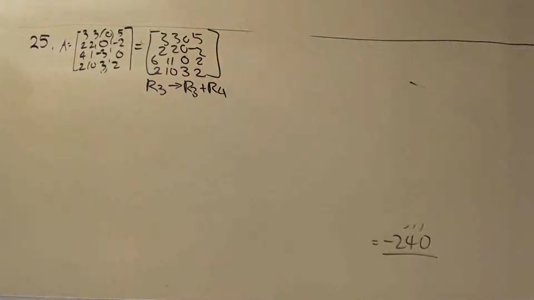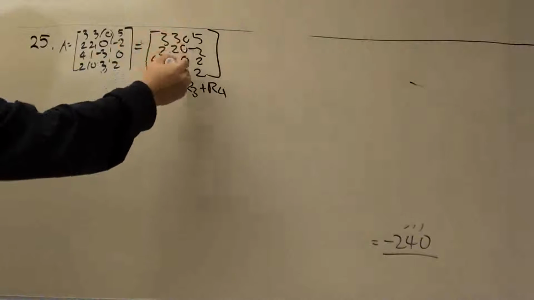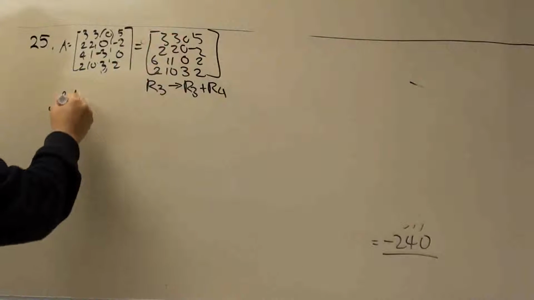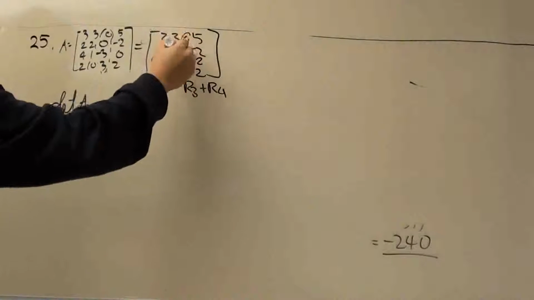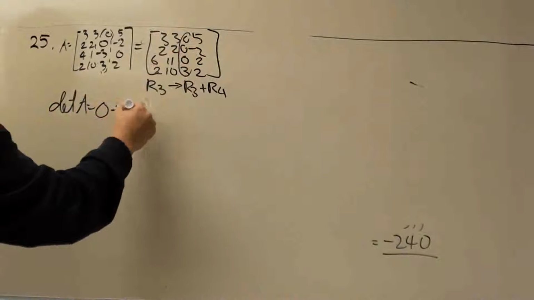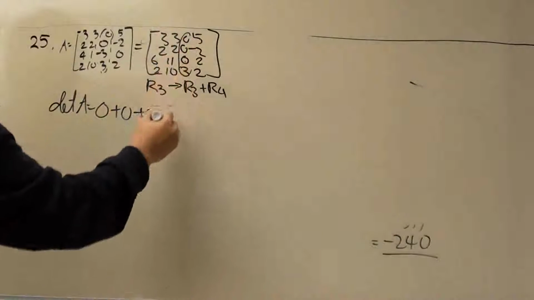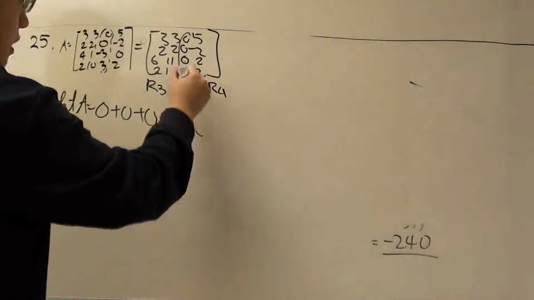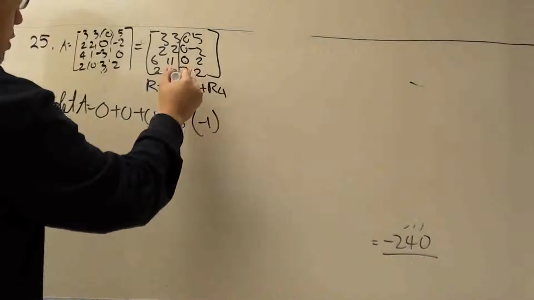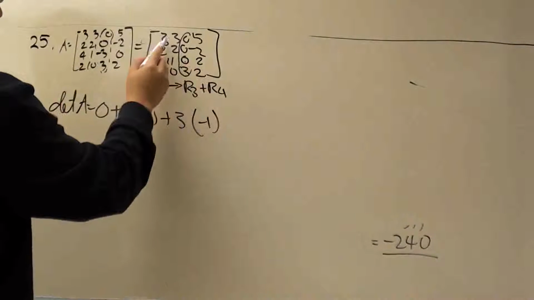Now that I have that established, we're just going to keep going. So I could say determinant A is, I'm going to choose this column. Everything's going to be 0, so it's going to be 0 plus 0 plus 0, except the last one, which is going to be 3, and then it's going to be negative 1 to the power of the size here.